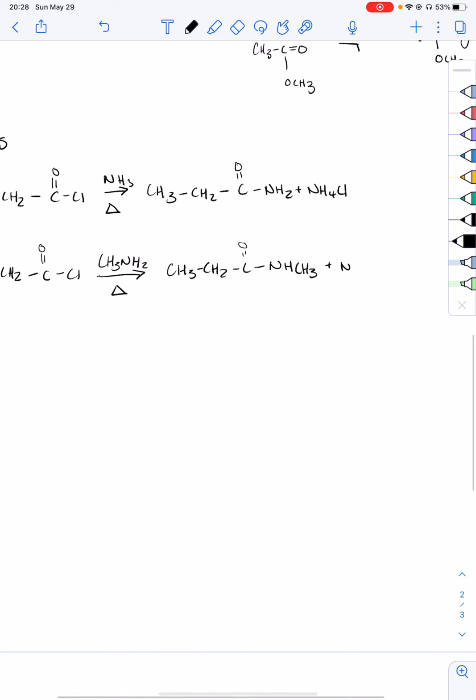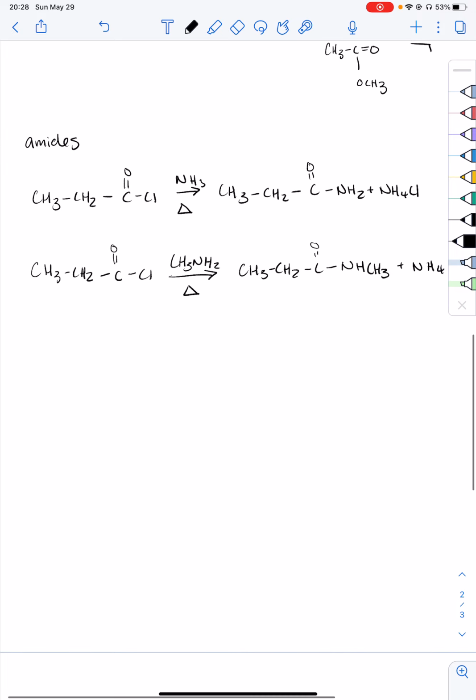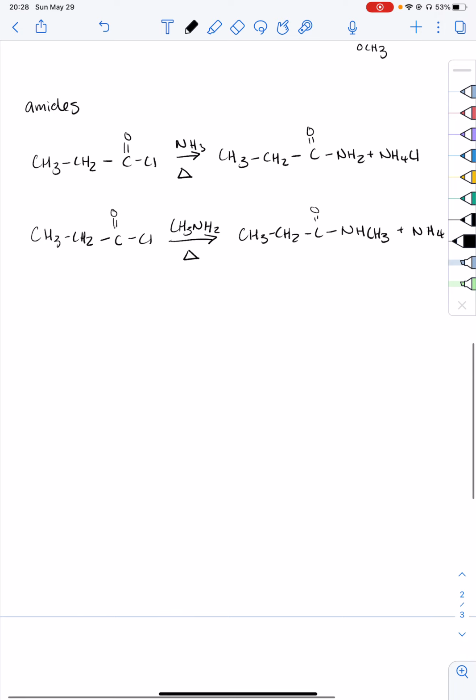And another byproduct is going to be NH4Cl. And then we're going to see an N,N-disubstituted amide prepared by reacting with the secondary amine. So we're just going to take this down.